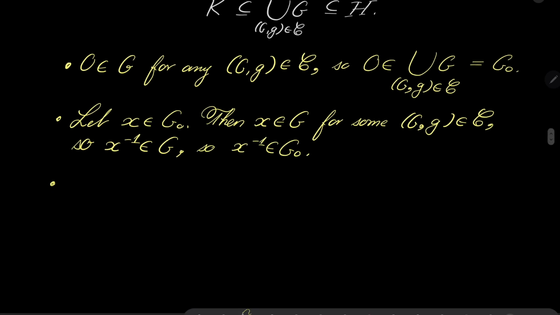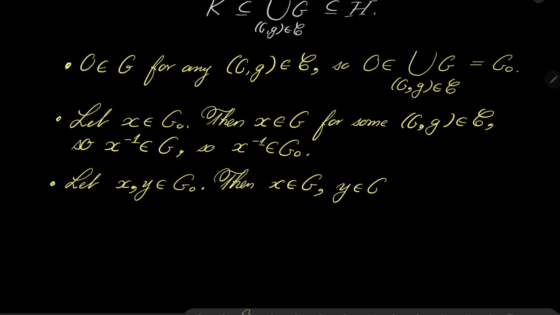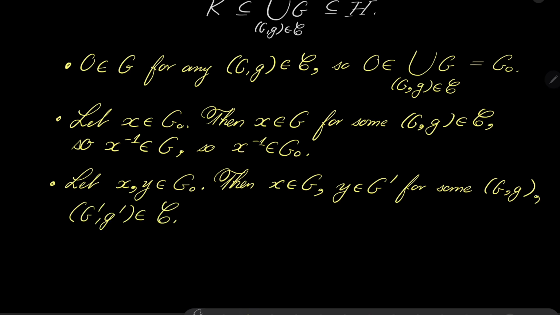Now, next part, let X and Y be two elements of our set G0. Well, notice that then X is in some group G, Y is in some group G prime, for some G and G prime which are in our chain. All right, now it's time to use the fact that it is linearly ordered.